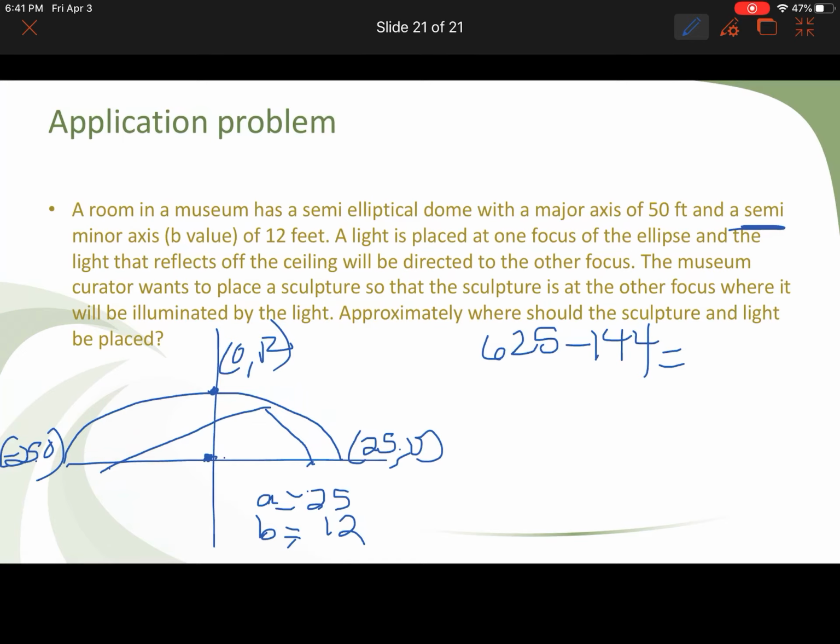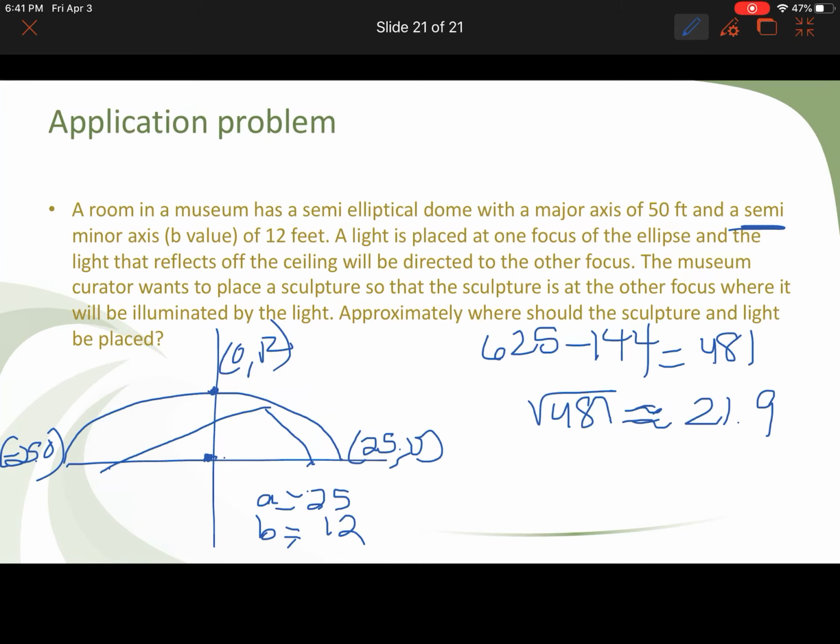Is that 481 or something like that? 481. And so the square root of 481 is approximately 21.9.